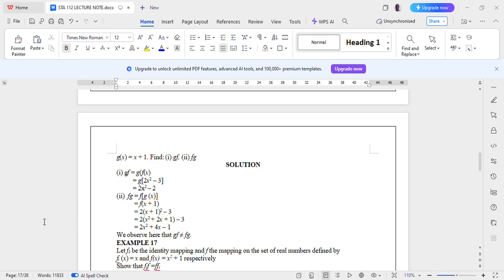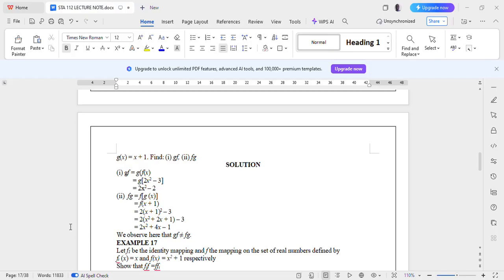So begin to simplify now. That's 2 into (x squared plus 2x plus 1) minus 3, and that gives us 2x squared plus 4x plus 2 minus 3. I opened the brackets here.